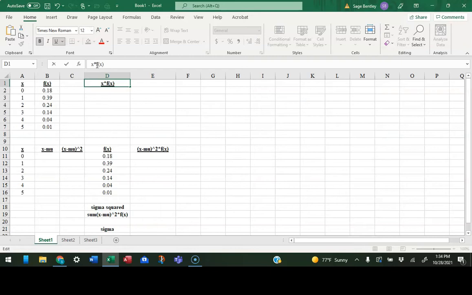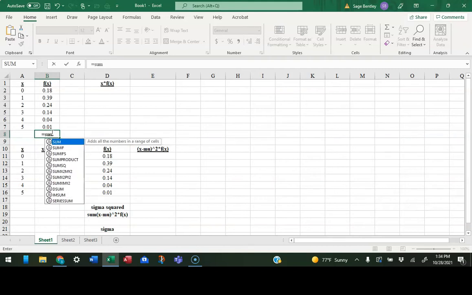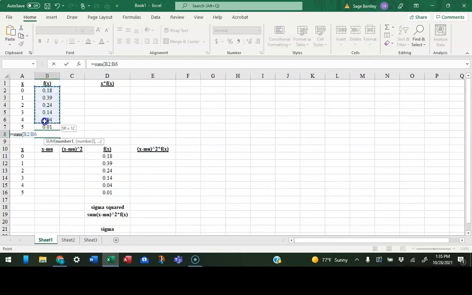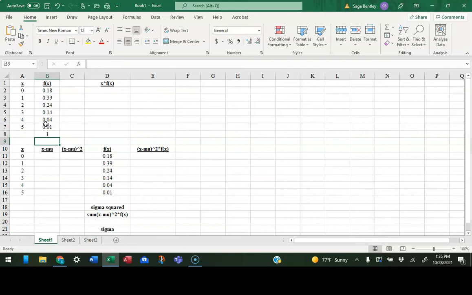What we're going to do right now is, first of all, come under here and make sure that those probabilities add up to 100. So I'm going to take equals, which tells Excel, hey, this is a formula. I'm going to take the sum, highlight the cells that I want it to add up, close that, hit enter, and it says 1.